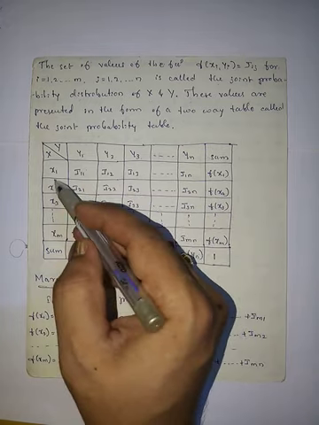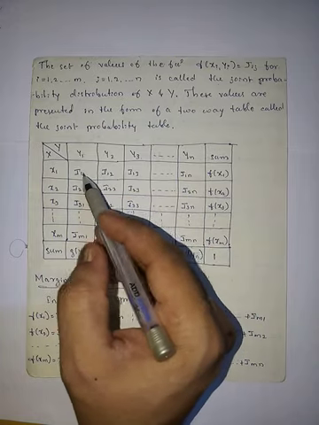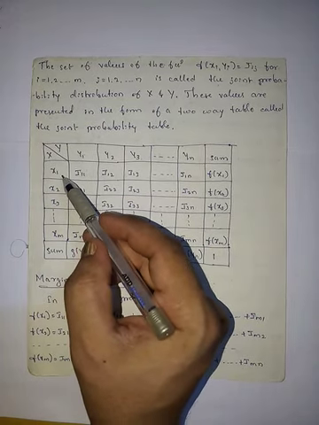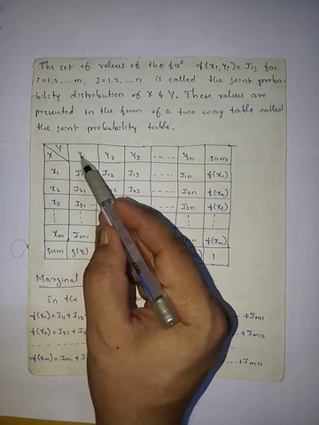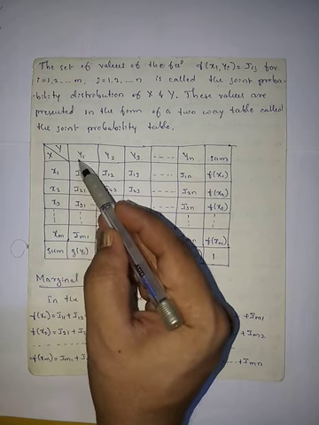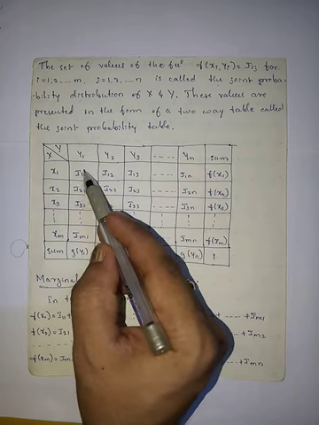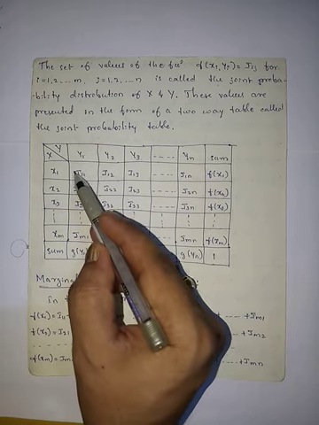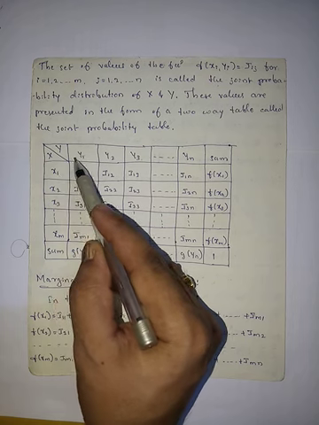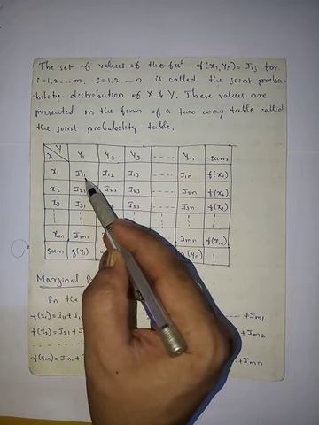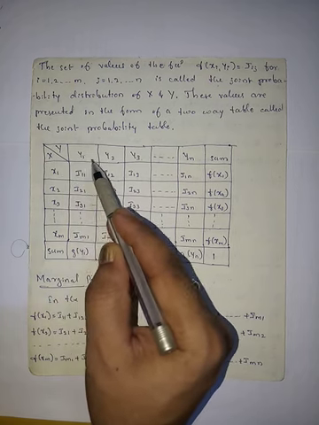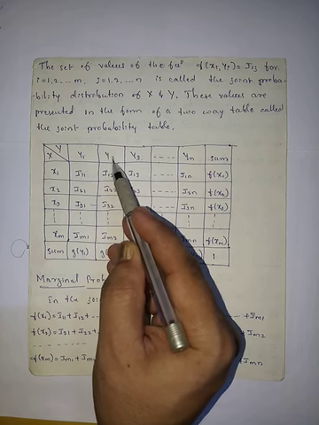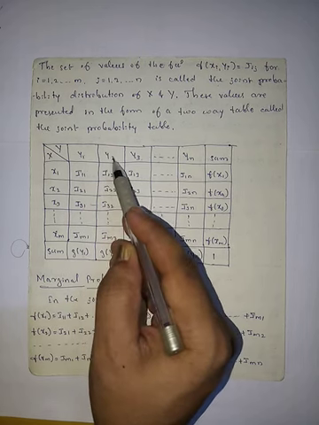See, we wrote the values of x and y. First, we take the joint probability of x1 and y1. We take the combination of these two, x1 and y1, and this j11 is the probability, that is the joint probability of x1 and y1. That is the notation. Next, the joint probability of x1 and y2 is j12.